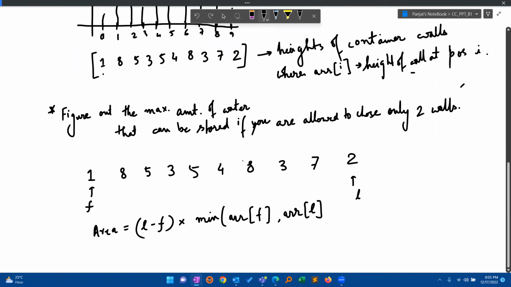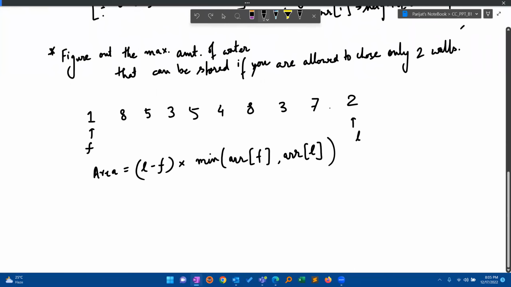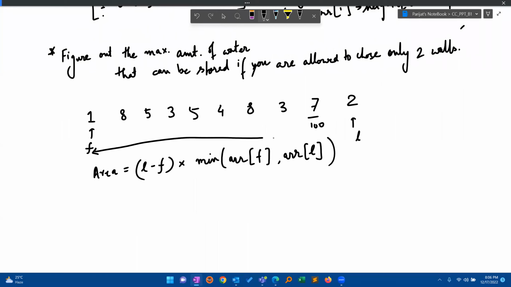Okay, so everyone gets the point. So instead of 7, if we had 100 here, the area between 1 and 100 would still have been this width into 1, right? Because 1 into last minus first, that is say 8, or 7, whatever it is. Even if it was 100, it doesn't matter, we keep 1.